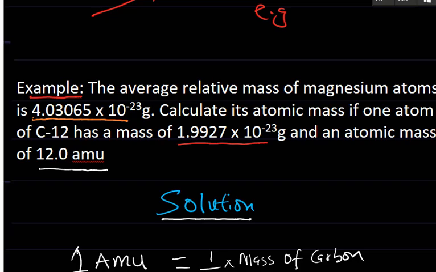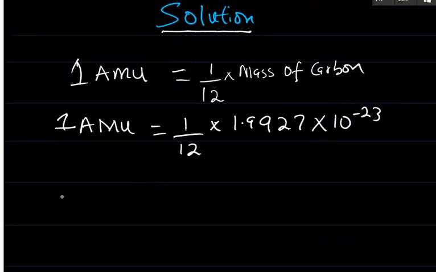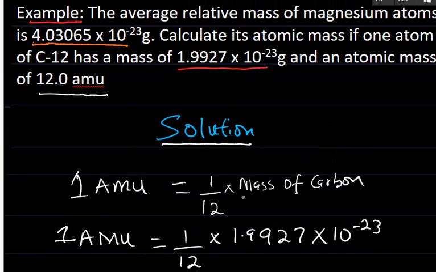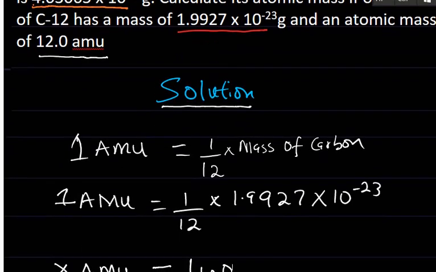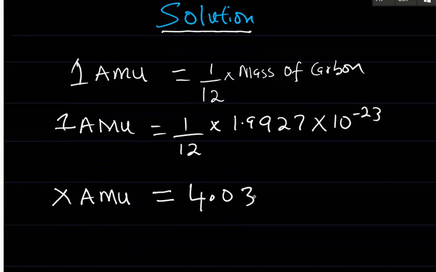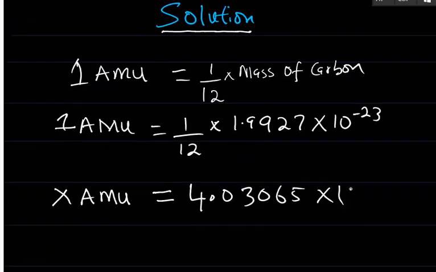That is where we apply proportion. I can just call it X. X atomic mass units is equal to the mass of magnesium, which is given in the question as 4.0365 times 10 raised to the power of minus 23.